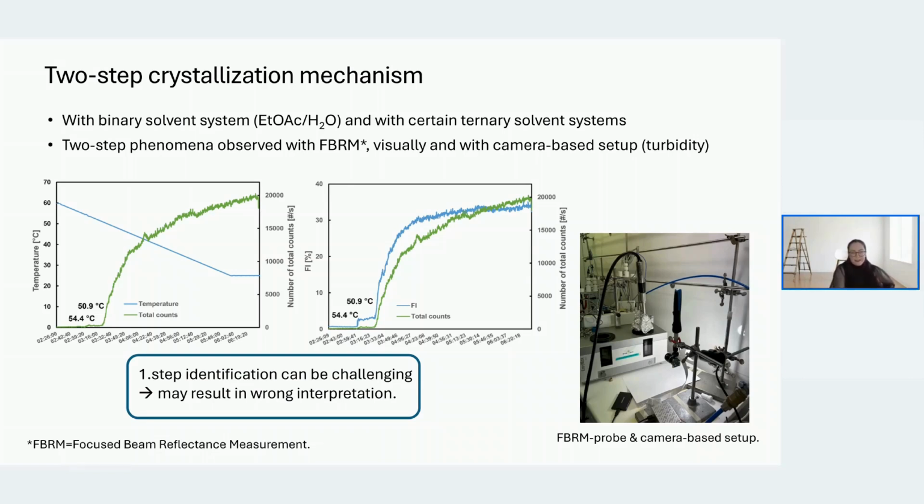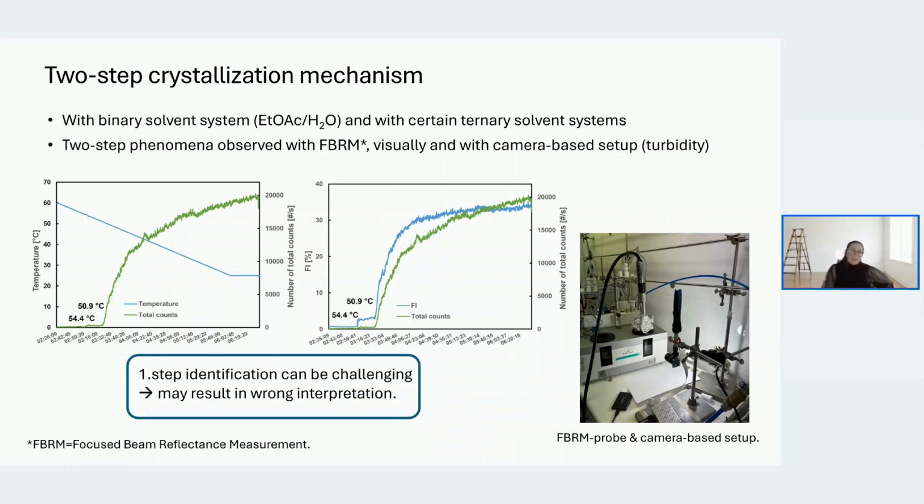On the right-hand side of this figure, you can see both the FBRM sensor in the crystallization setup, and the camera setup, looking through the window, where we can observe how the crystallization is proceeding.